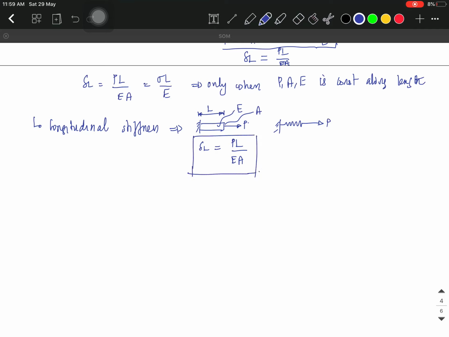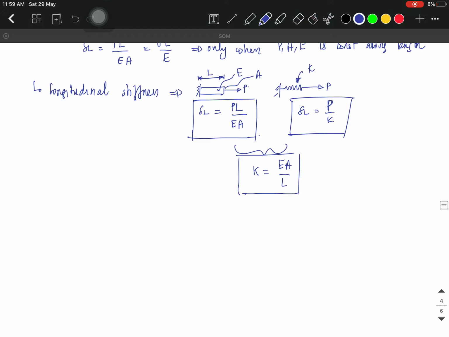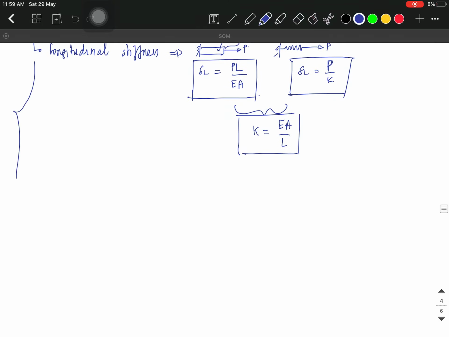For the spring, delta L equals P by K, where K is the stiffness of the spring. Comparing these two equations, we can write the longitudinal stiffness K equal to EA by L, and this has some implications in problem solving.